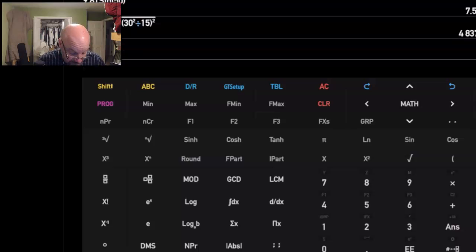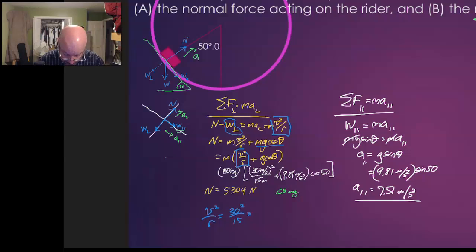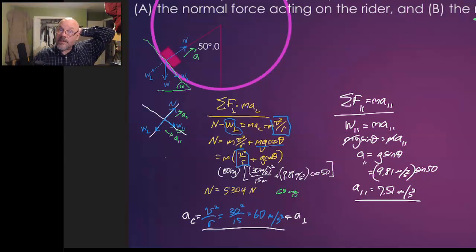Here we go. 1660? Whoa. Holy crap. I didn't do a great job of making realistic problems today. Okay, there we go. So now I've got the centripetal acceleration, which is also my perpendicular component. Those are the same thing in this particular case.